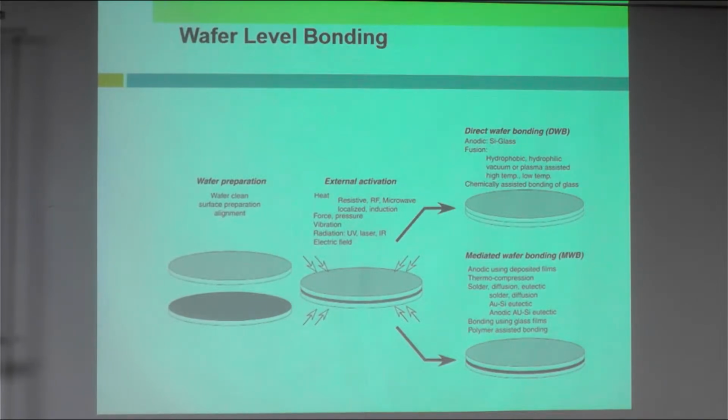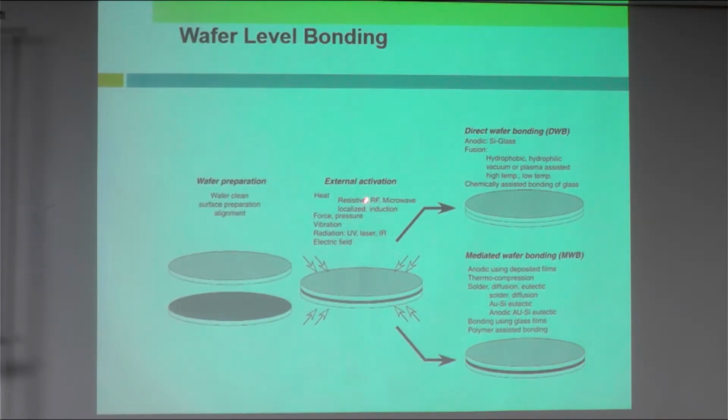So wafer level bonding needs to be done in a very careful manner. As I mentioned before, we do it in a clean room, for example, in order to avoid contamination. And we have to do wafer cleaning preparation and surface alignment. As I mentioned before, two things: the alignment and also the cleaning of the surface.